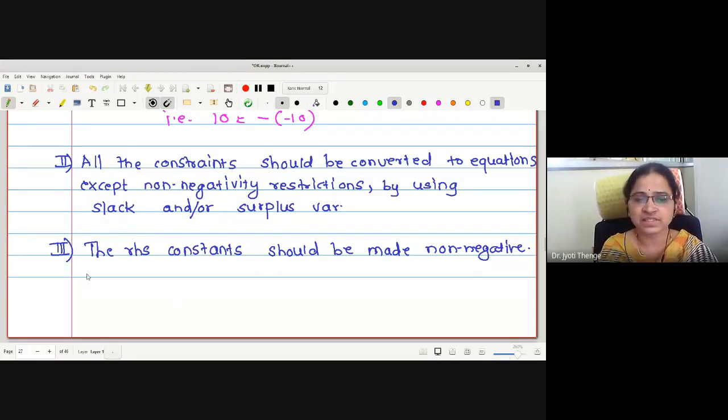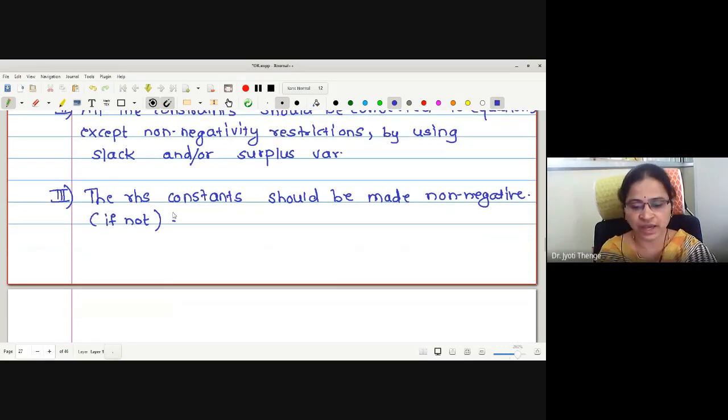If negative is there, what to do then? If a negative right hand side constant we have, then what should I do? We can multiply that equation by -1. Right? Here I will write the RHS can be made positive.